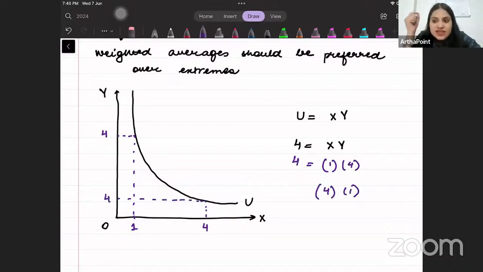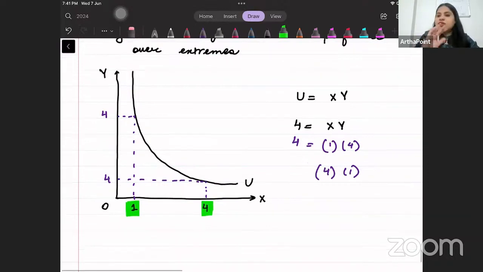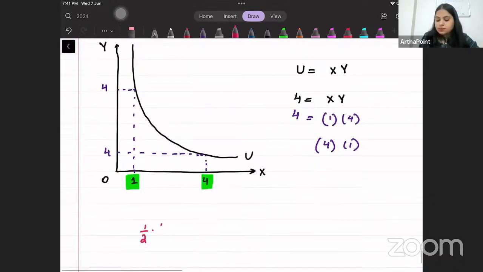Now, what convexity suggests is that if I take some average, it is not necessary to take exactly half, any weighted average, I give some weight to this bundle and some weightage to that. If I formulate a new bundle, maybe in this case I give exactly half weightage to 4 and half weightage to 1.